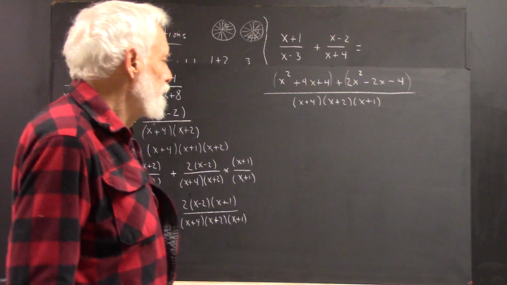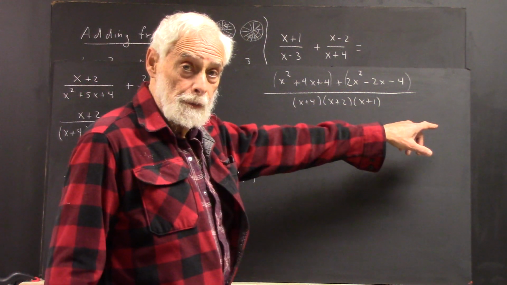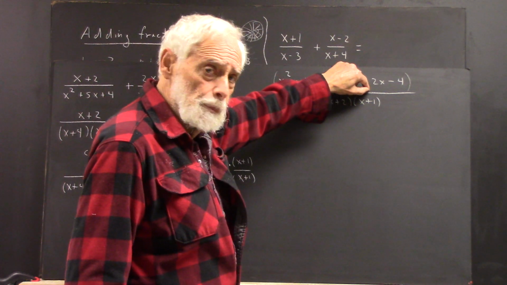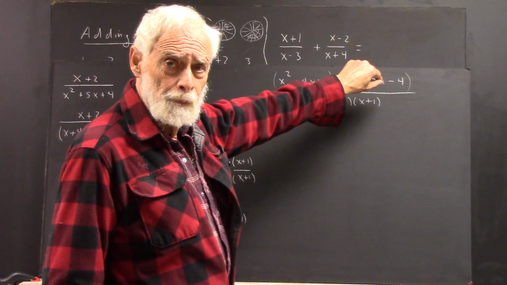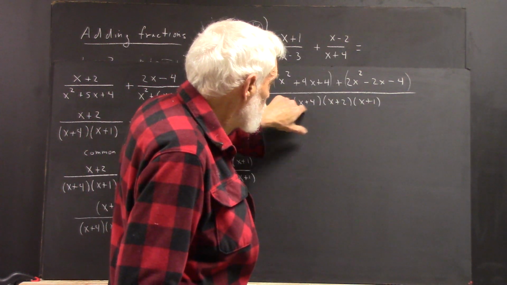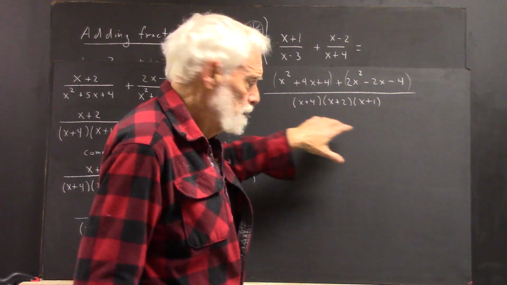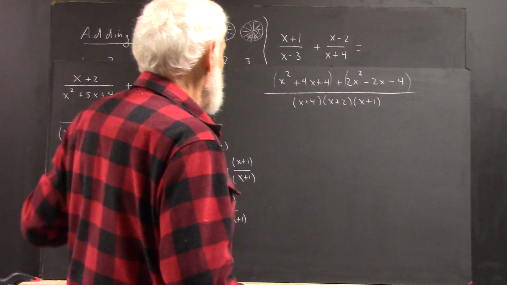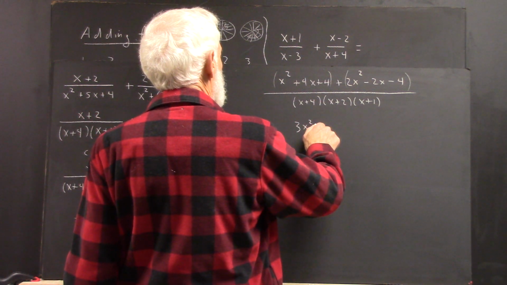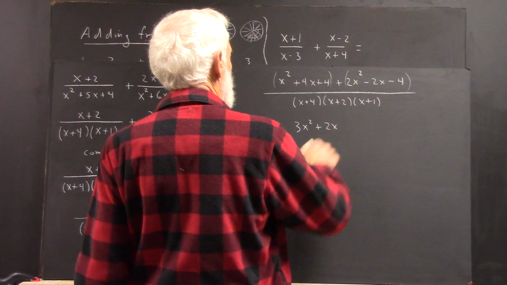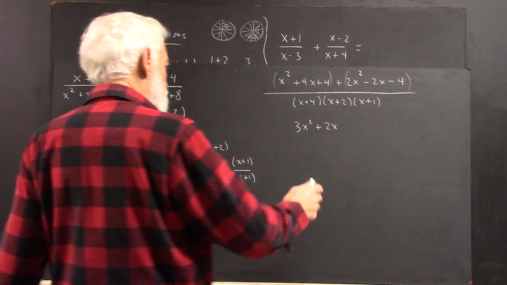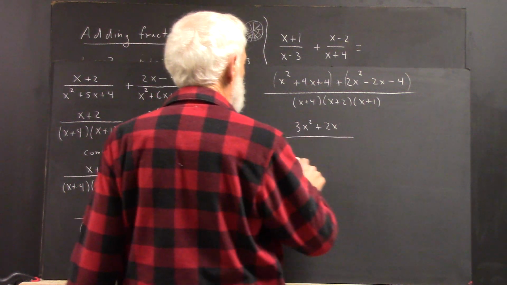Now you might ask, well, why don't I multiply these out? Eventually I might. But when I combine these terms, I might get something that factors, and then I'm going to want to compare those factors to these factors. So I want to keep these factors there so I can use them if I need to. Now anyhow, I get 3x squared plus 2x, and I got a plus 4 and a minus 4, so that's all I get.